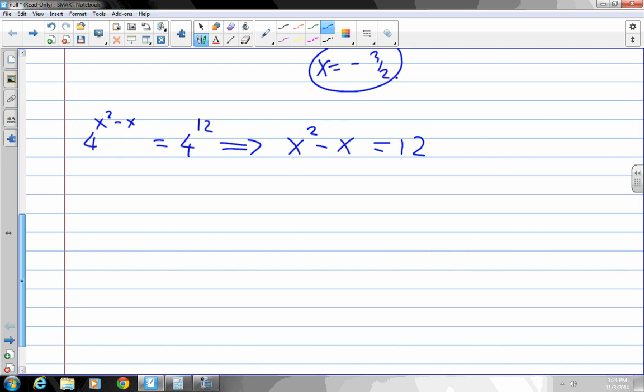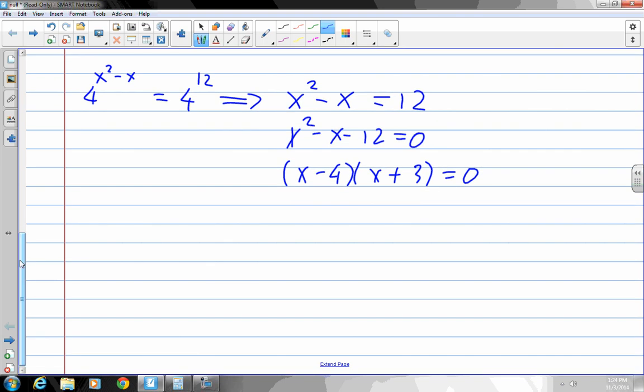Subtract 12. Try to factor that, right? Can you factor that? Four and 3, what are the signs? Negative 4, positive 3, right? Multiplies to negative 12, adds to negative 1.